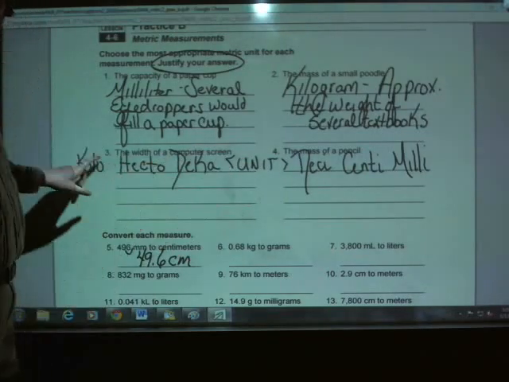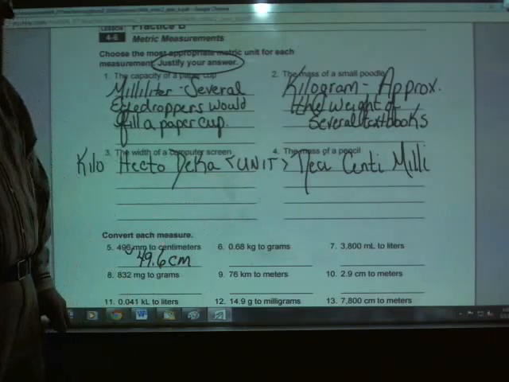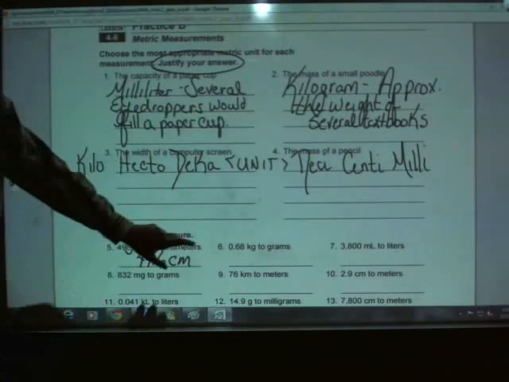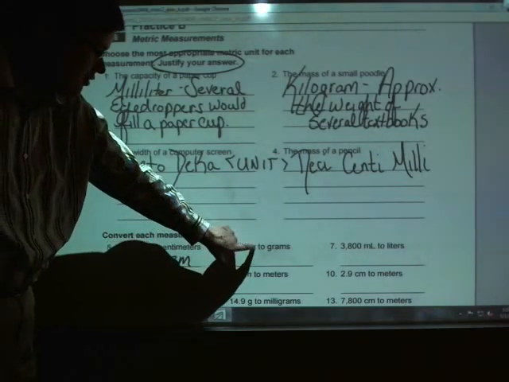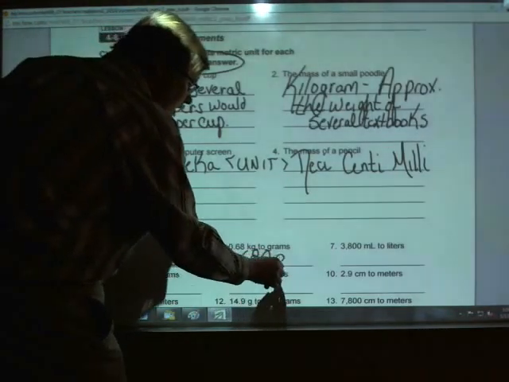Really easy. In number 6, we've got 0.68 kilograms, and we're converting that to grams. To go from kilograms to grams, that's 1, 2, 3 jumps to the right on my chart. So I'm going to move my decimal 3 times to the right, 1, 2, 3 times to the right, and I end up with 680 grams.